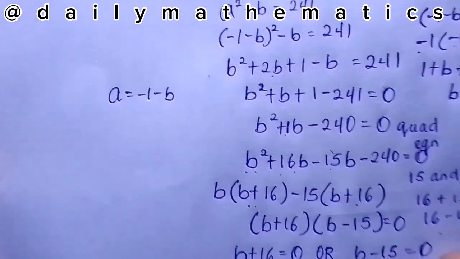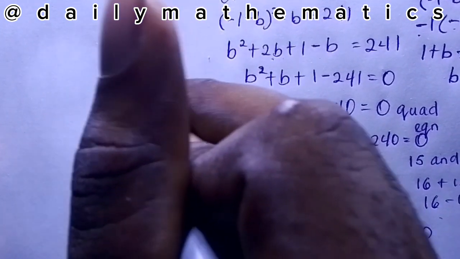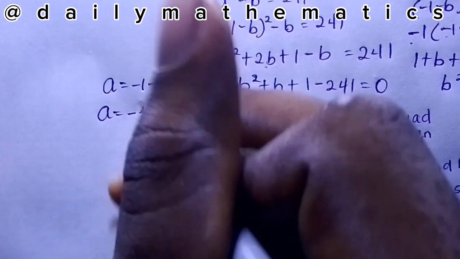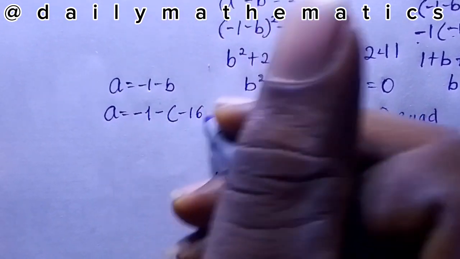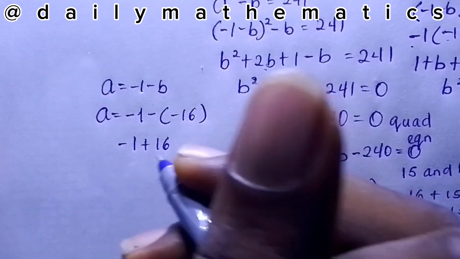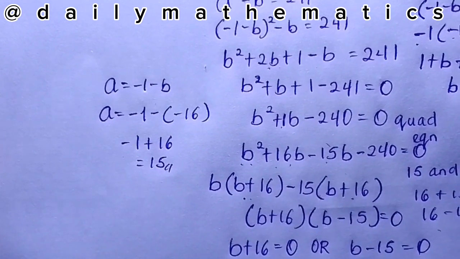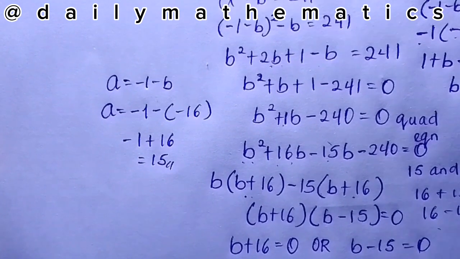Let's name the values b1 and b2. For b1, which is minus 16, a equals minus 1 minus minus 16. Minus times minus gives plus 16, so 16 minus 1 gives us 15. So when b is minus 16, a is 15.